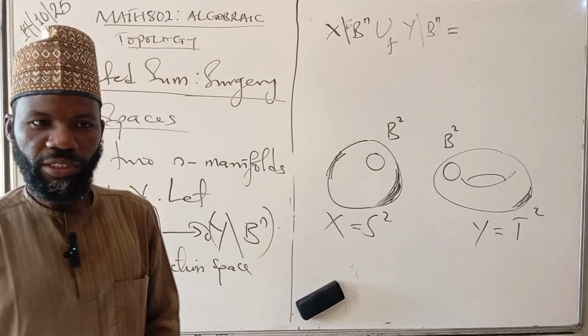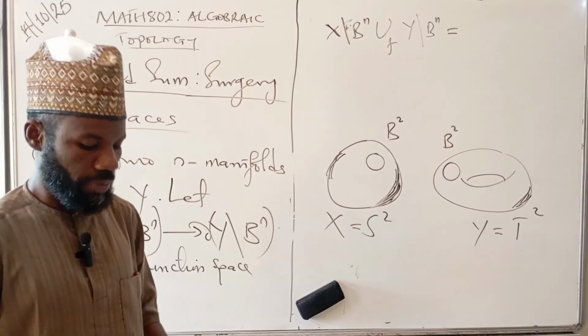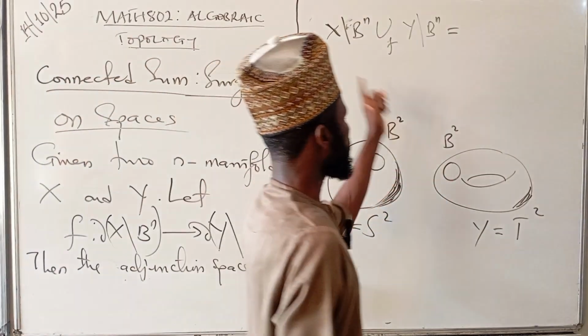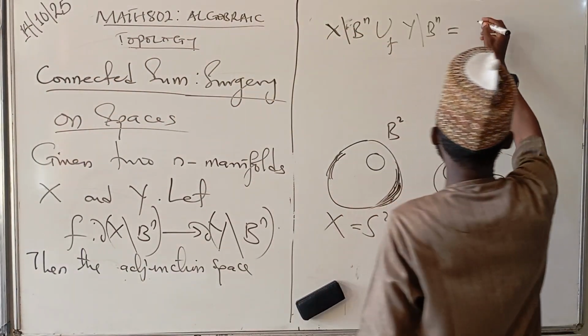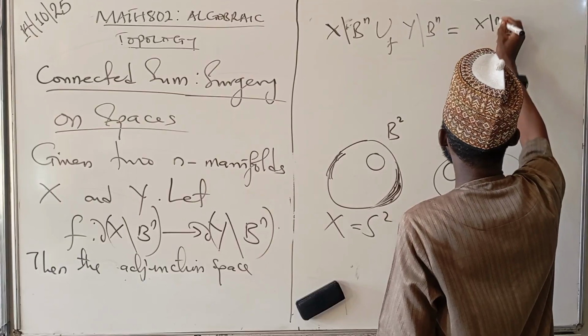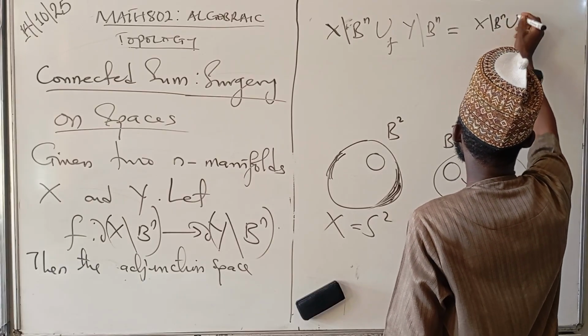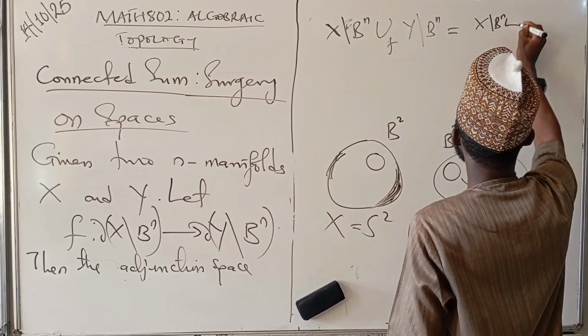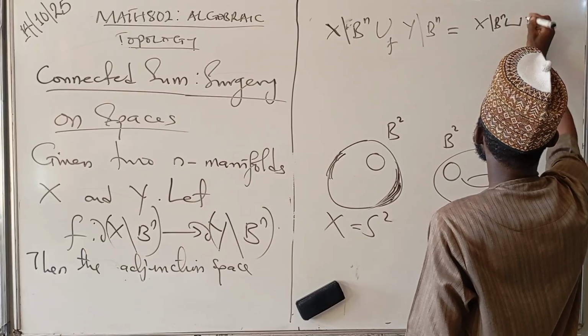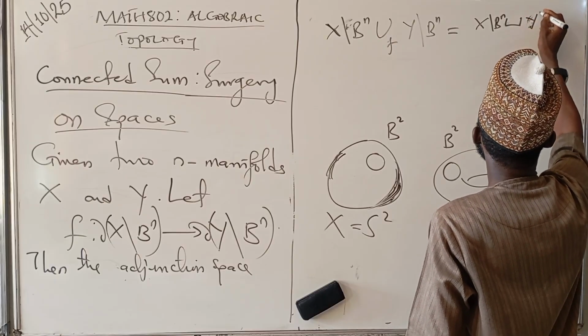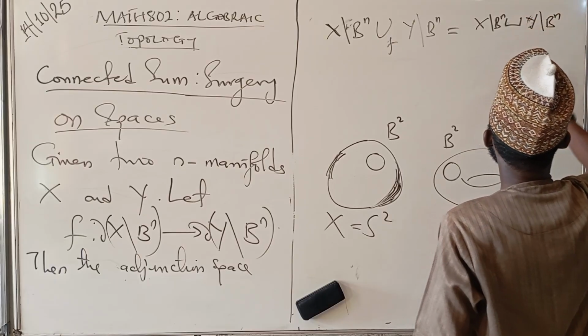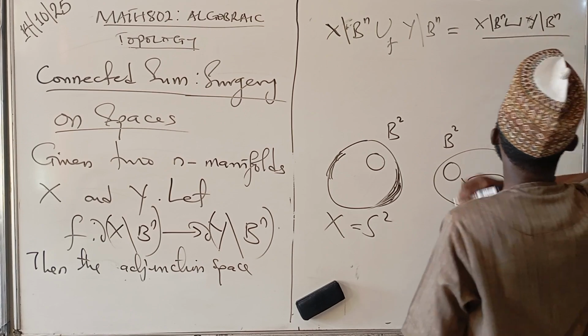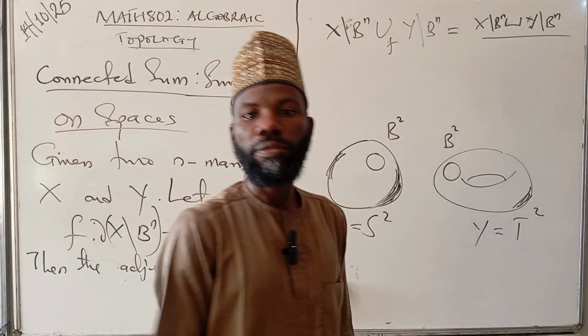the quotient space. Remember how we define the adjunction space? You form the disjoint union of these two, X minus Bn and Y minus Bn, quotient by the equivalence relation.